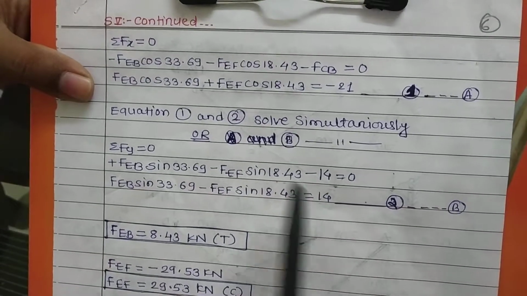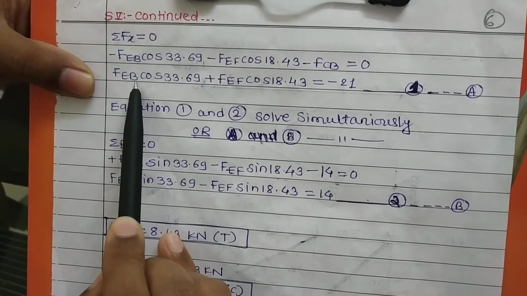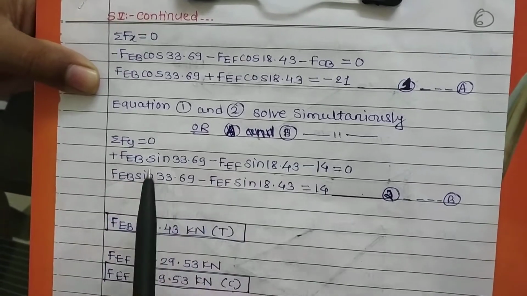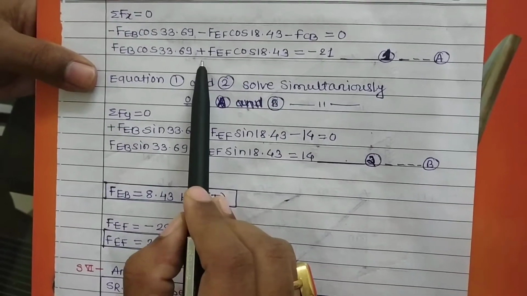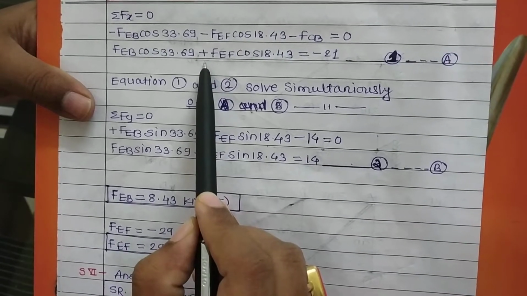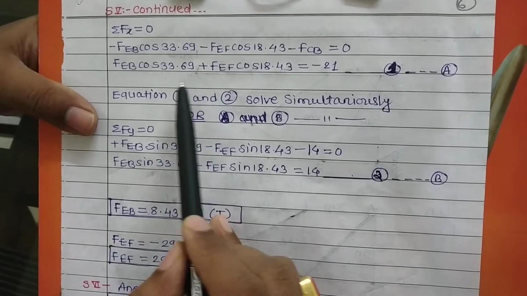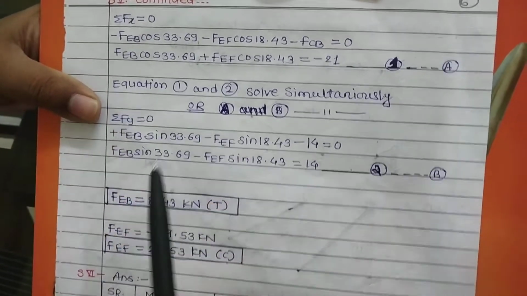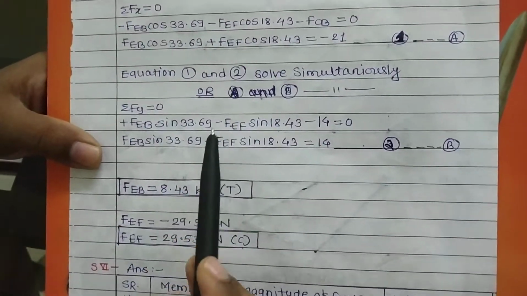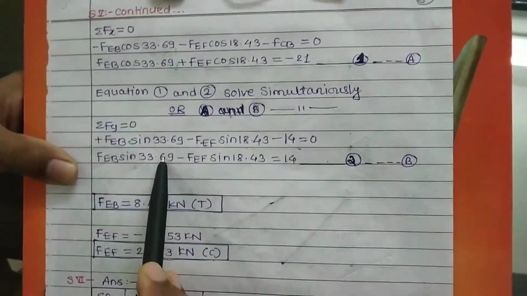In this case, one unknown is FEB and another unknown is FEF. As you know that the members are defined with magnitude and nature. So in this particular step, we have to find out the magnitude and nature of both the member EB and EF by solving these two equations simultaneously.